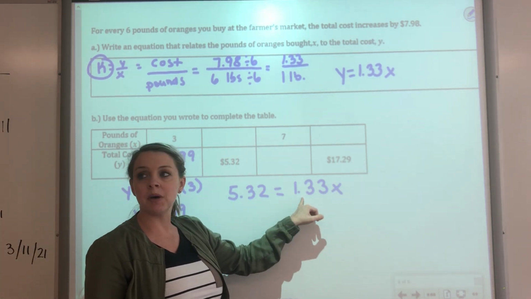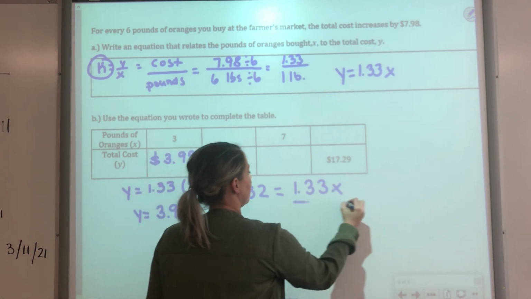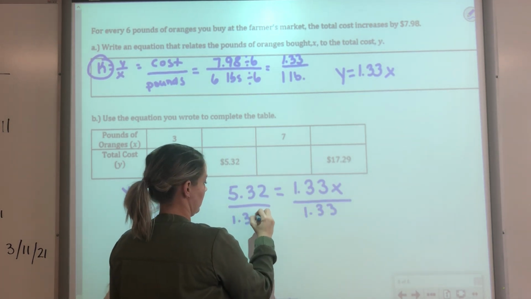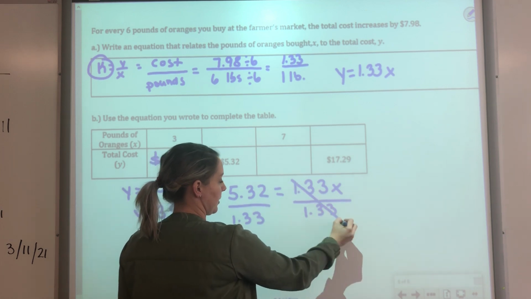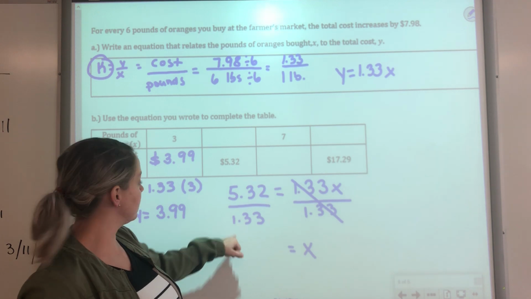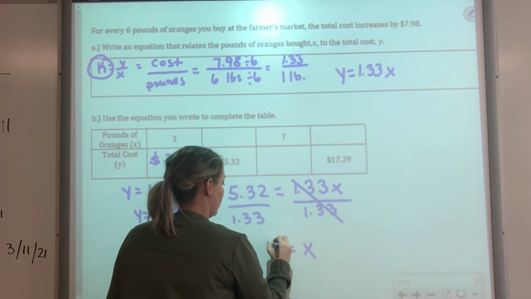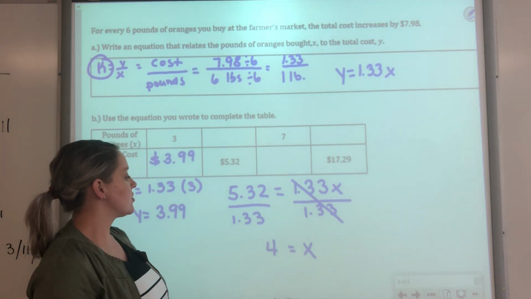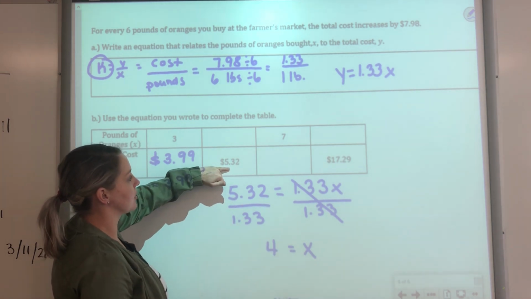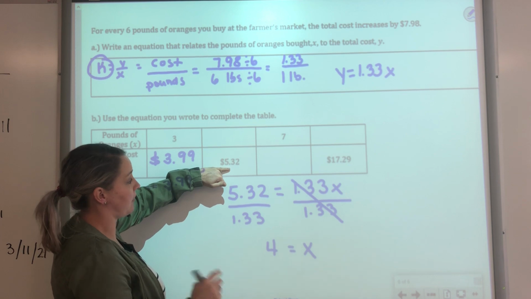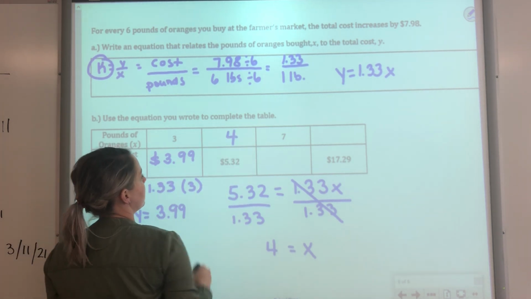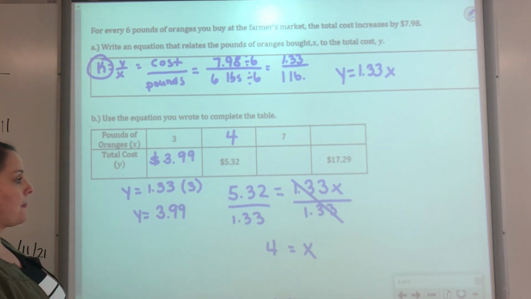The inverse of multiplying by $1.33 is dividing by $1.33. $1.33 divided by $1.33 is x. And 532 divided by 133 is 4. So that means that x is equal to 4. So if I bought $5.32 worth of oranges, that means I bought 4 pounds of oranges.